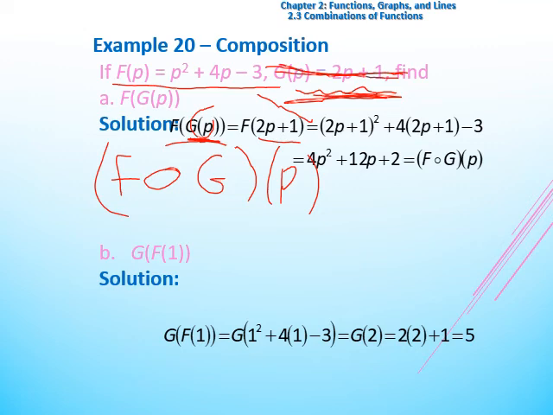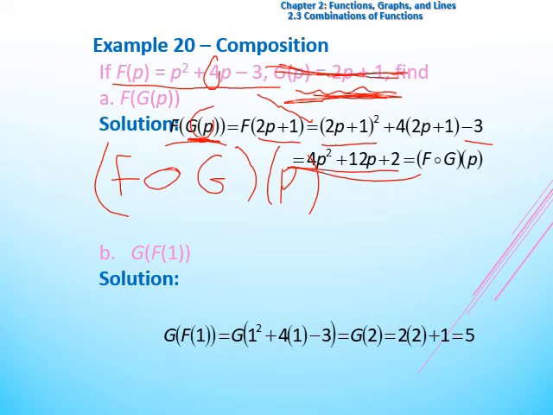Now we get 2p plus 1 all squared, since here is p squared, plus 4 times p, substituting p by 2p plus 1, so it will be 4 times 2p plus 1, and minus 3 stays the same. Simplifying it, we get 4p squared plus 12p plus 2.